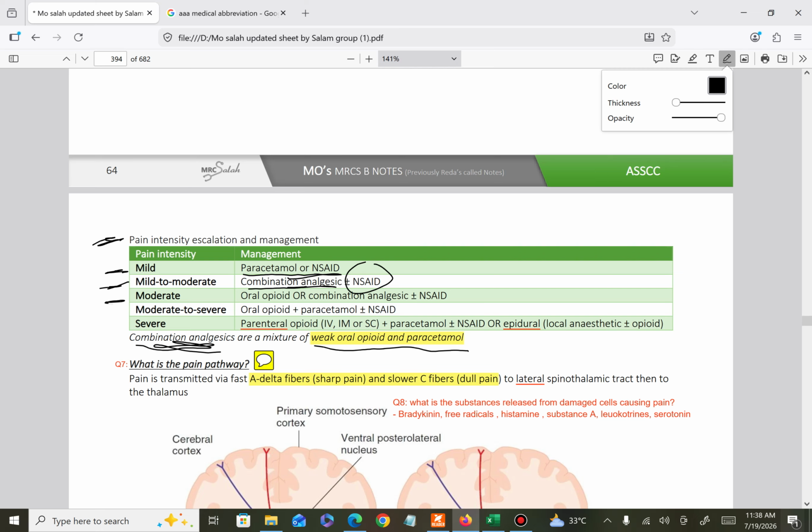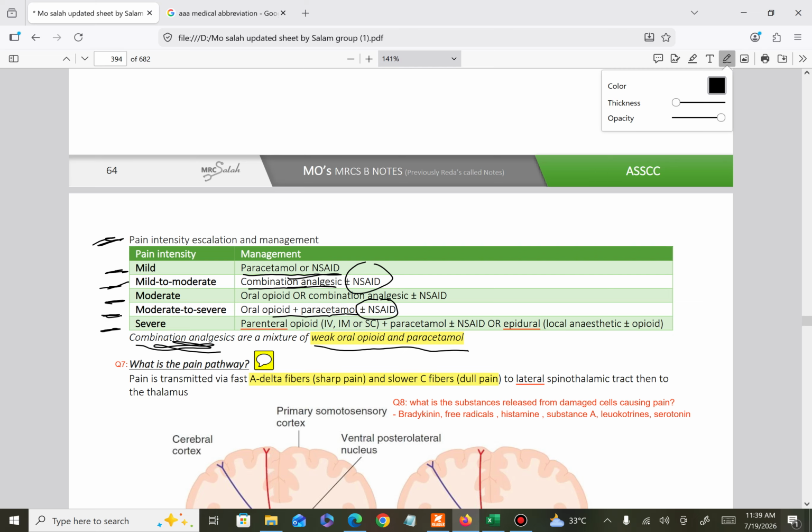Then for the moderate pain, oral opioids, it may be weak or strong opioids, or combination analgesia with or without NSAID. For moderate to severe pain, oral opioids, weak or strong, plus paracetamol, with or without NSAIDs.